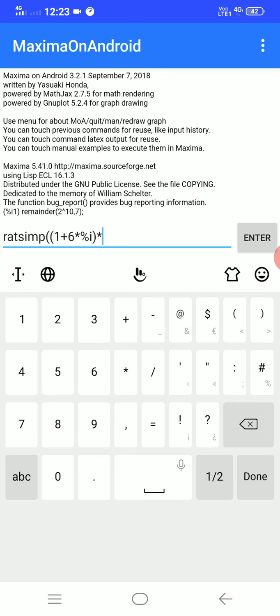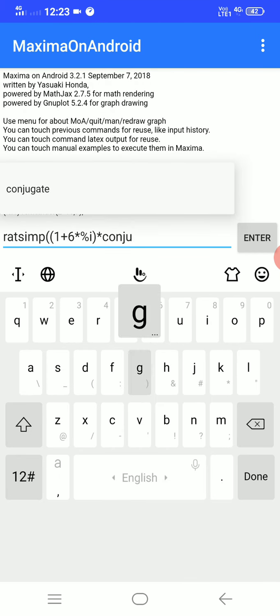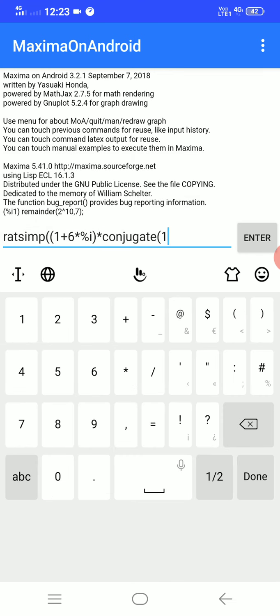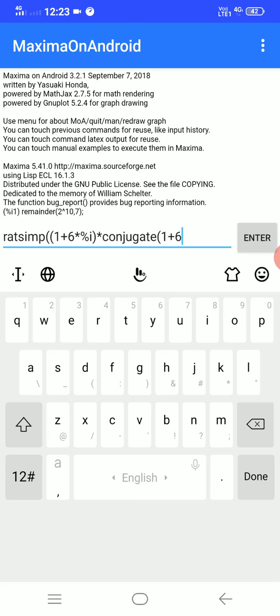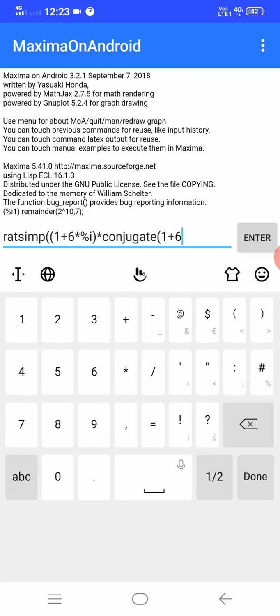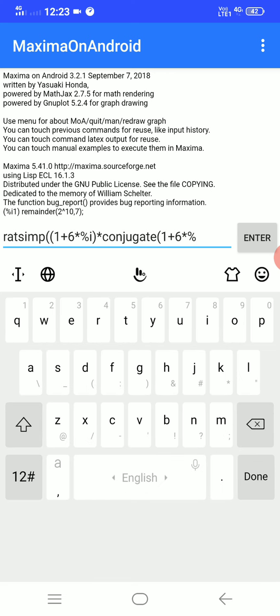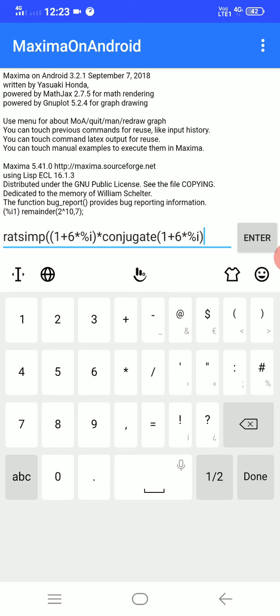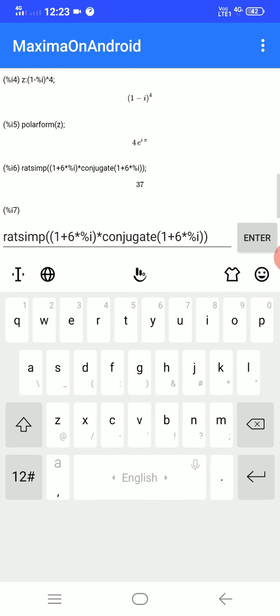Here 1 minus 6i is the conjugate of 1 plus 6i, so use the syntax conjugate of 1 plus 6i, with star for multiplication between 6 and i, and i written as percentage i, bracket complete, then bracket complete, enter. We simplify the value of 1 plus 6i into 1 minus 6i as 37.